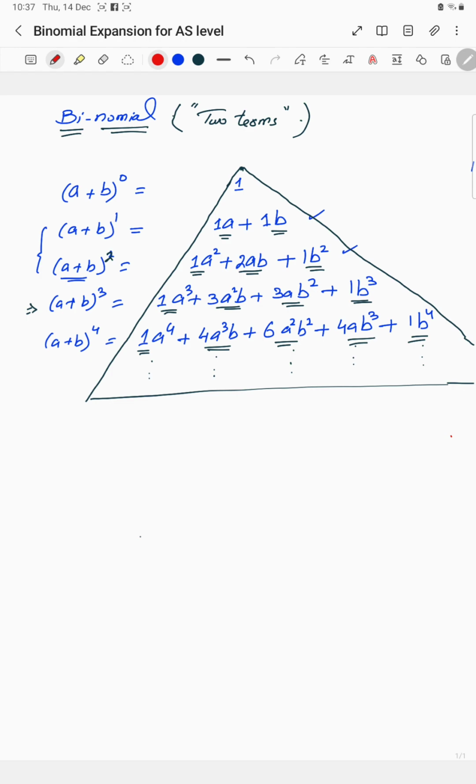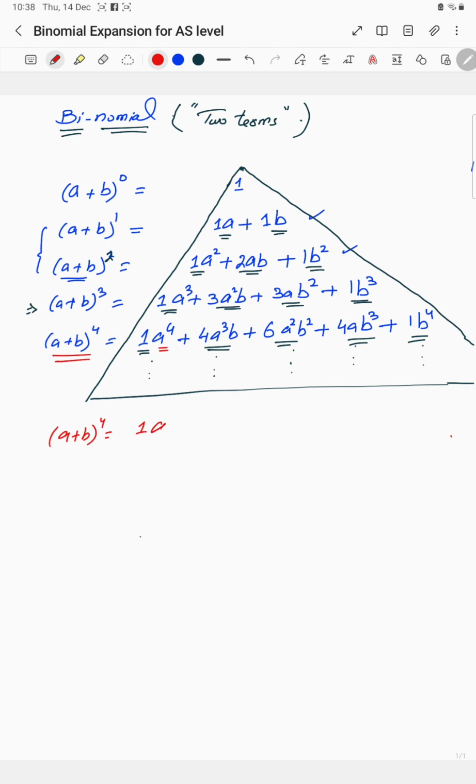Here we can see, taking the final one, (a plus b) power 4, the first term is a to the 4, right? And the power of a is decreasing 1 by 1, while the power of b is increasing by 1.